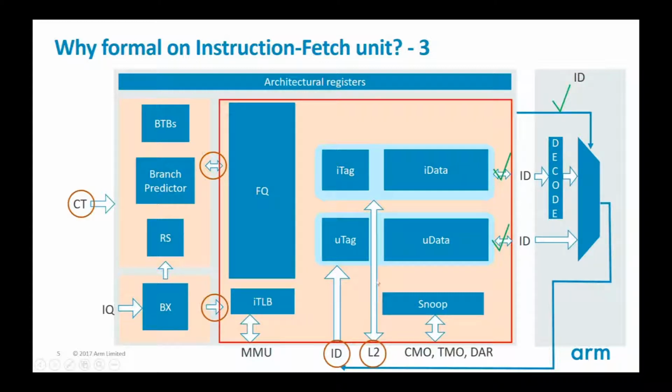Whenever you have an instruction miss, then you send out an L2 request for a cache line, and that response interface was modeled. Your snoops were modeled, and then of course the stalls from the decode unit for both instruction cache and mop cache were modeled, and your TLB misses, the request and response, were also modeled. So all of this was modeled in the test bench for formal.